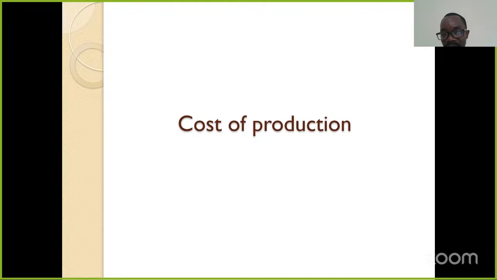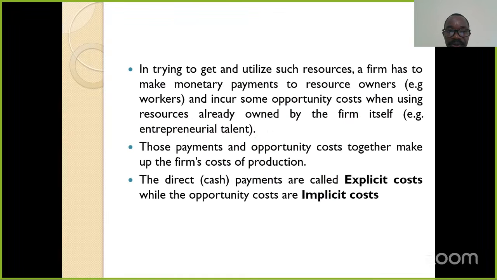Well, we have talked about cost. Let's now dig deep into the costs that are incurred in the production. So basically, the costs that are incurred in the production process are classified into 2. We have explicit costs and implicit costs.